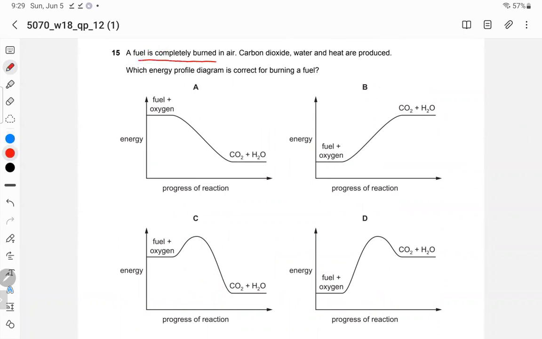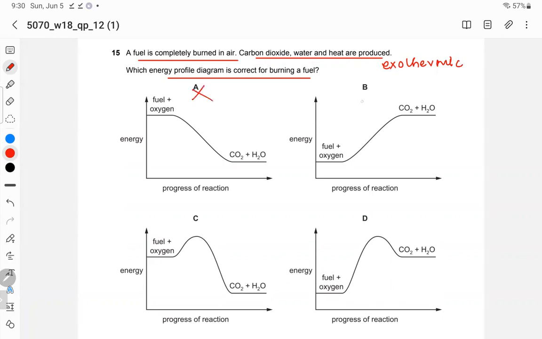A fuel is completely burned in air. Carbon dioxide, water, and heat are produced. The energy profile diagram for a burning fuel. Okay. So if you recall, heat is produced, then it means it's exothermic, right?